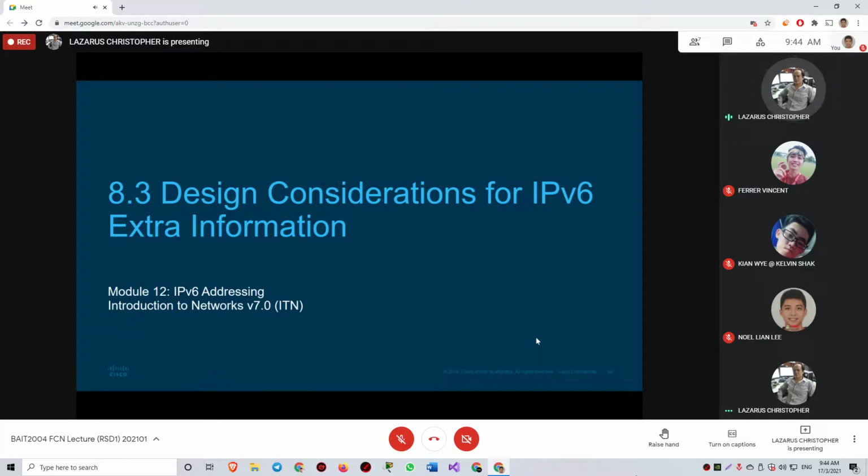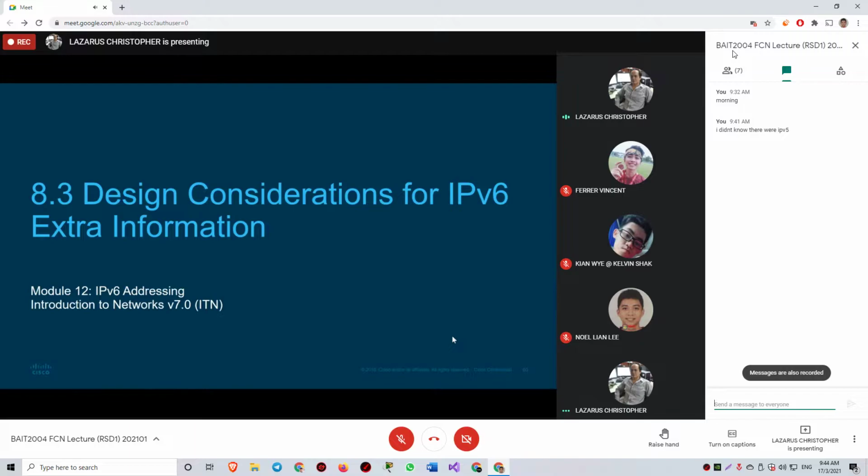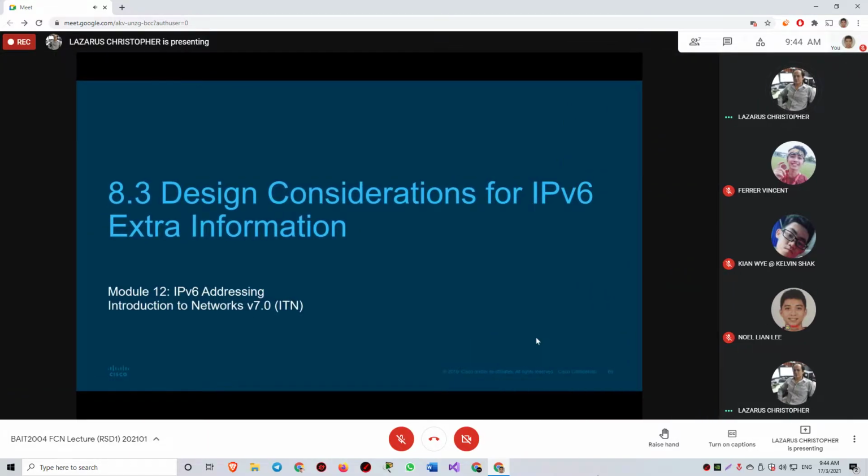When they designed IPv6, one of the things they didn't want to have is network address translation. This is a big problem, because network address translation translates public addresses to private addresses, and then private addresses to public addresses.